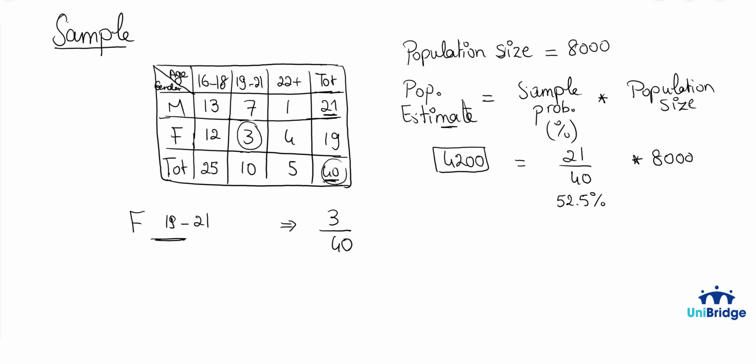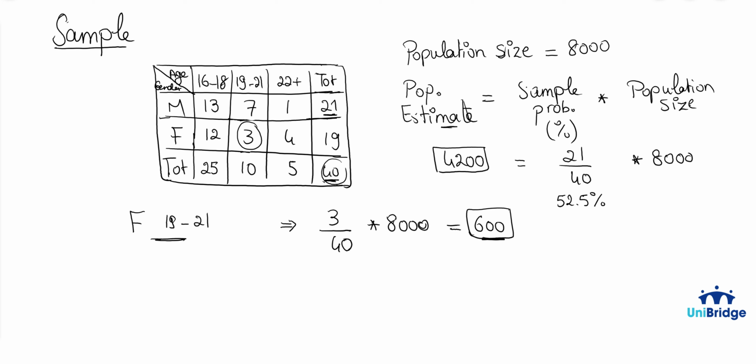So you get 3 out of 40 using your sample, and then you multiply it by the entire population, which is 8,000. So if you multiply it by 8,000, then you're approximating that you should have 600 females in the entire population from 19 to 21. And again, this is an estimate. This is not the actual value.